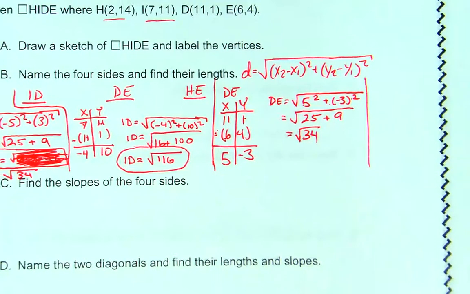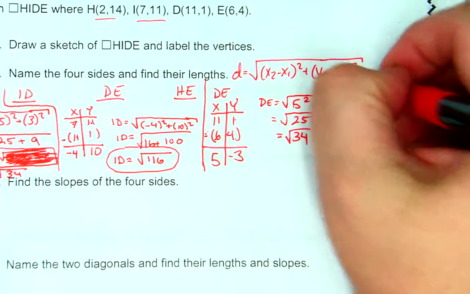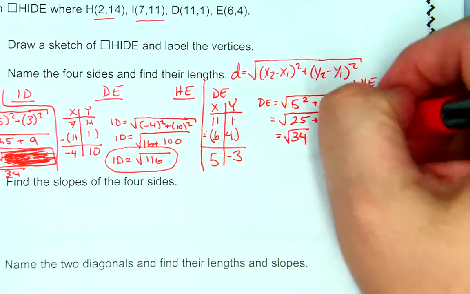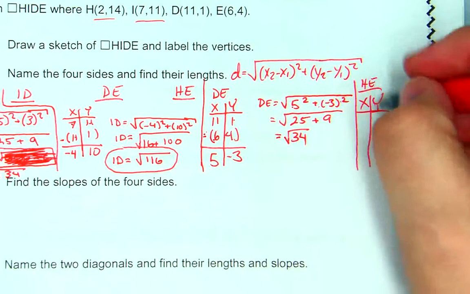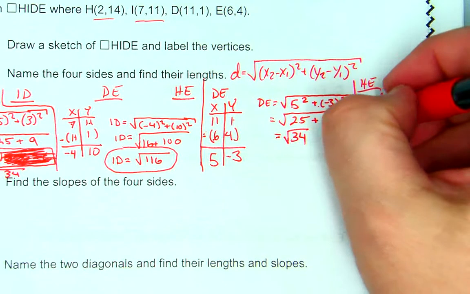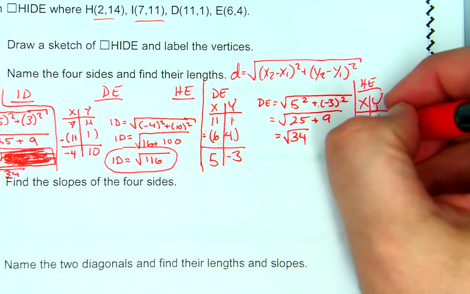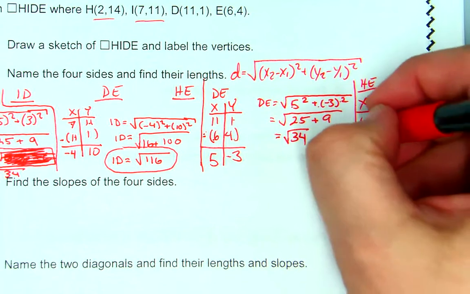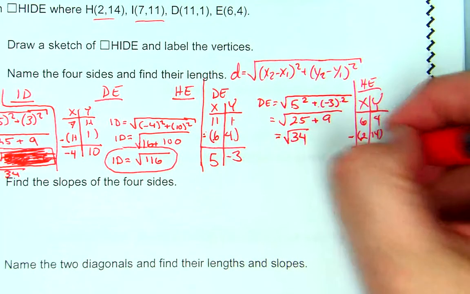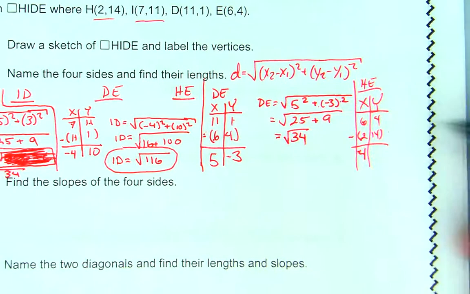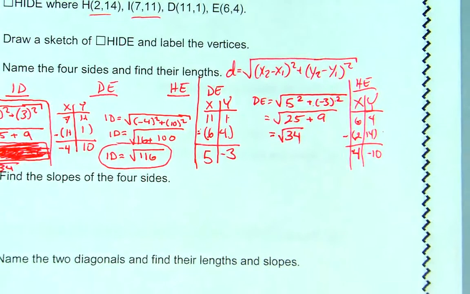And now we can do the last one, which is HE. My chart, E is 6, 4, H is 2, 14. Subtract. 6 minus 2 is 4. 4 minus 14 is negative 10.